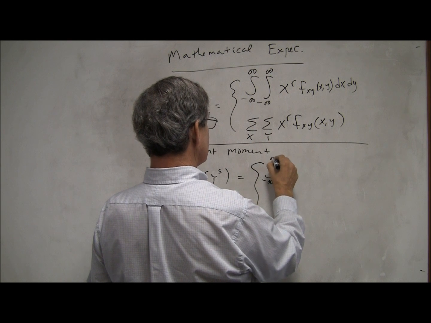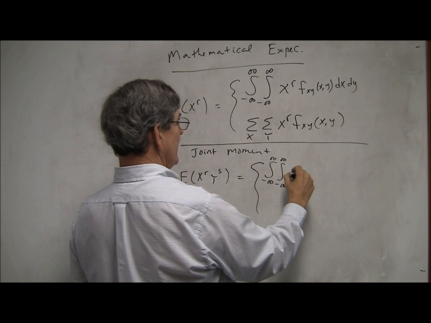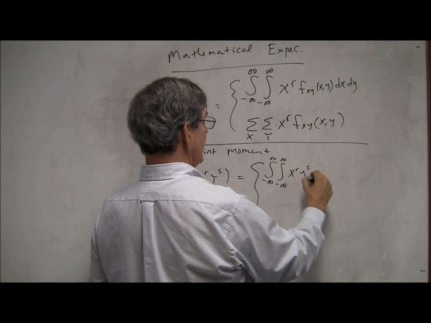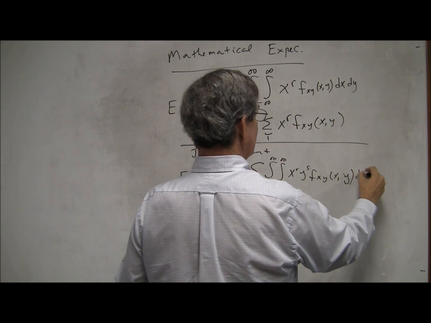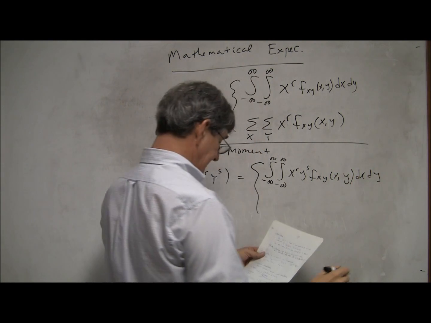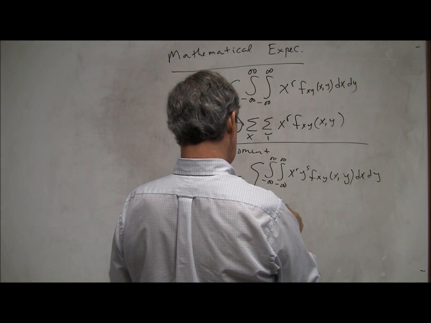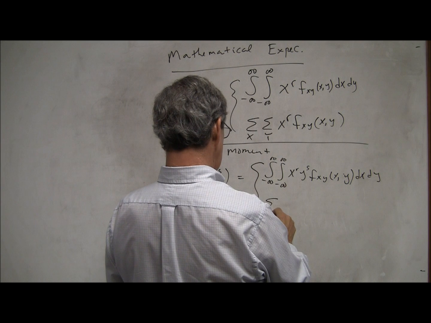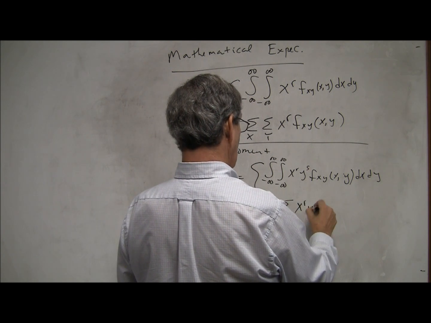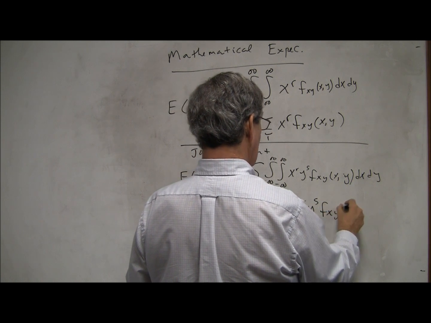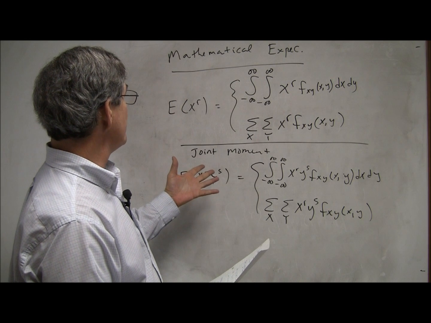You can probably guess what this is going to be. Instead of x to the r, it'll be x to the r, y to the s, f_xy of x and y, dx dy. Or it's the sum over the x's, the sum over the y's, x to the r, y to the s, f_xy of x and y, if it's discrete. And that's called the joint moment.